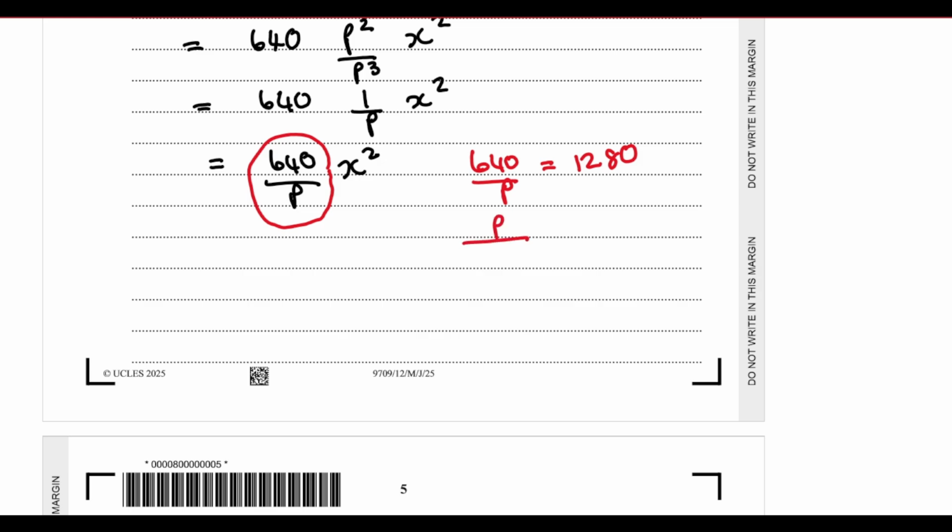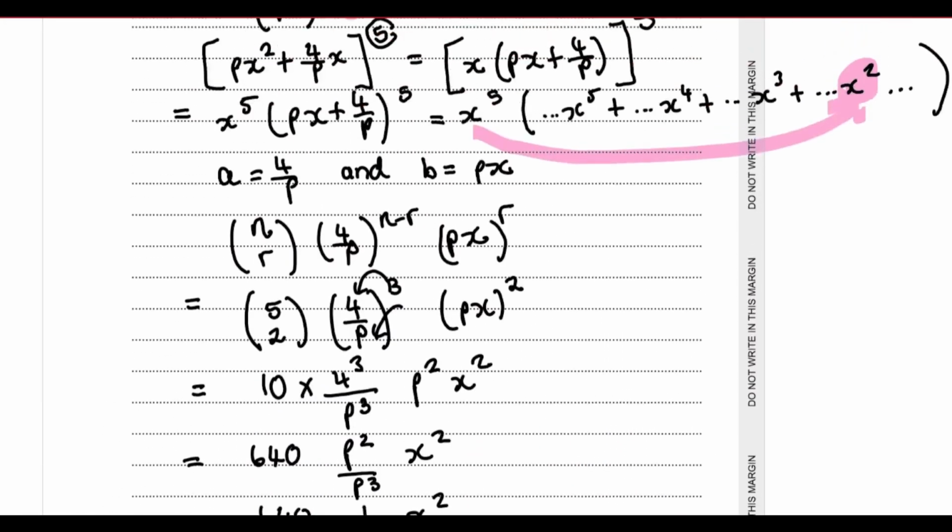Okay, you can flip both sides. p will end up being 640 over 1280, which is just equal to half if you put it in your calculator. So there you have it. p is equals to half.